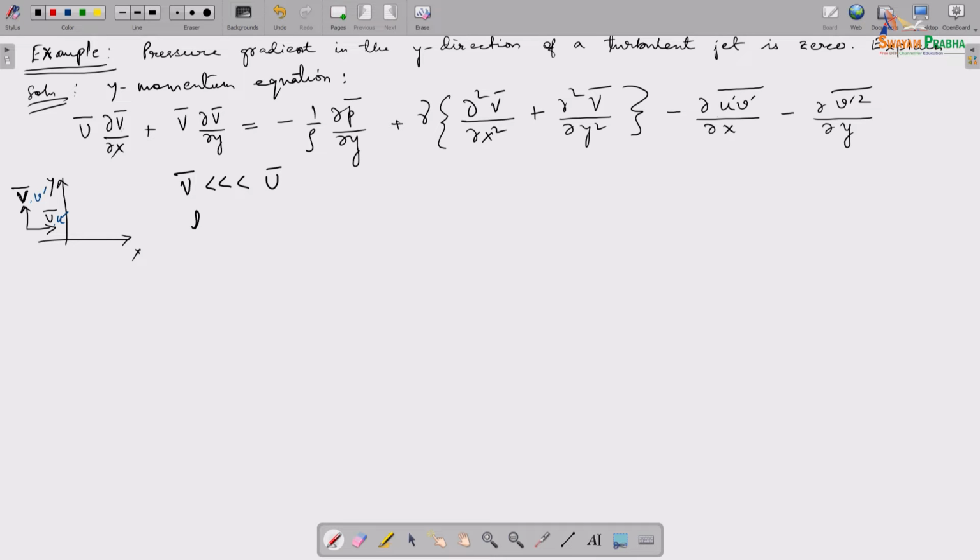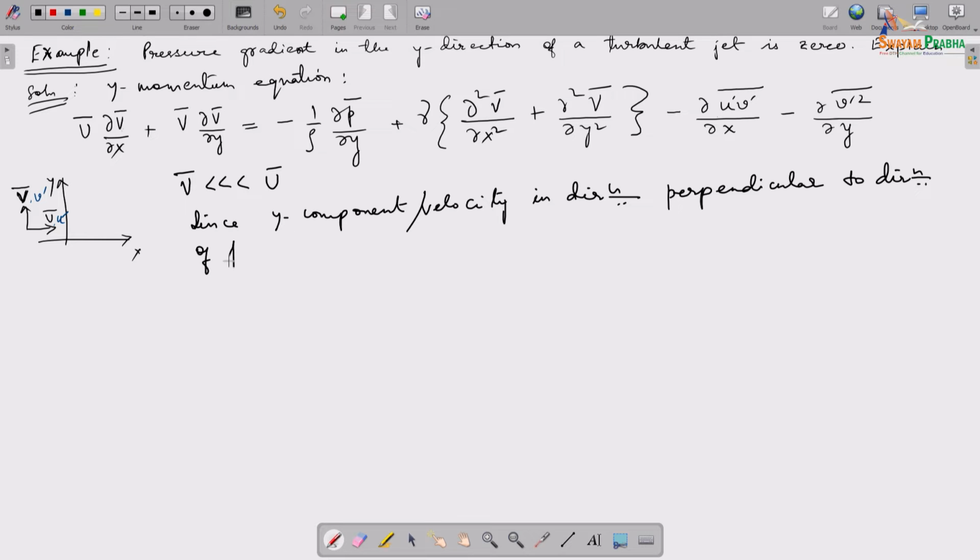So let us just say, since the y component, or the velocity which is perpendicular to the direction of flow, is small compared to the velocity in the x direction, right.